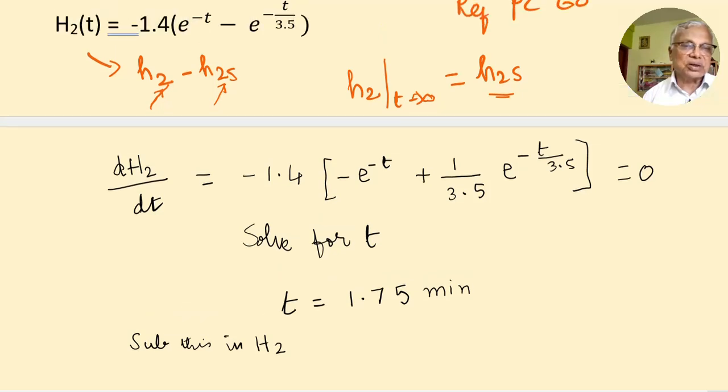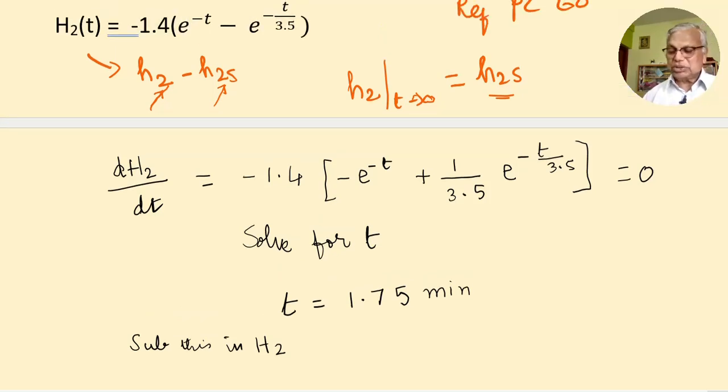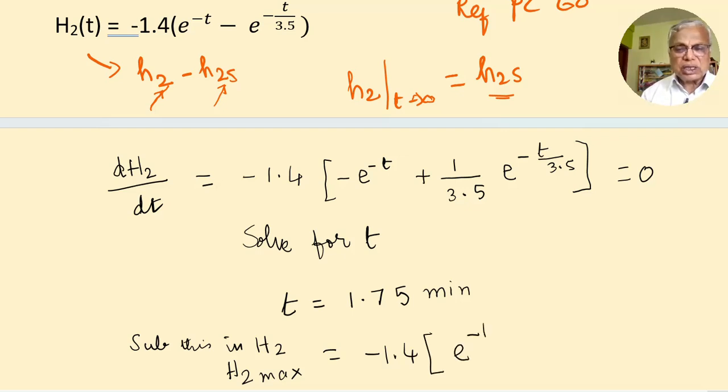So H2 max equals minus 1.4 times e^(-1.75) minus e^(-t/3.5). What is this value?